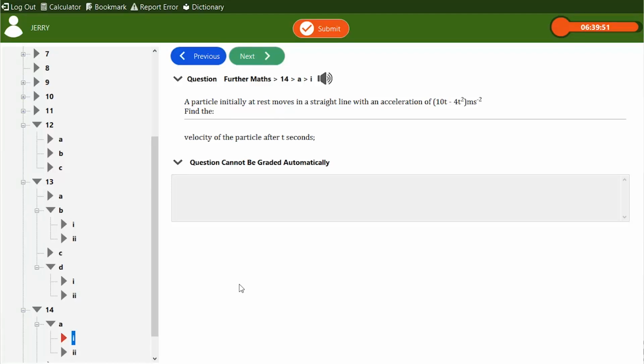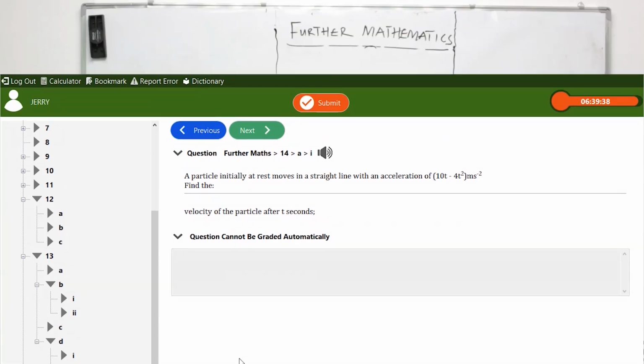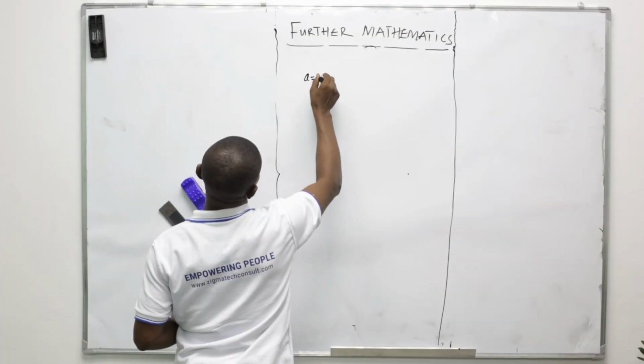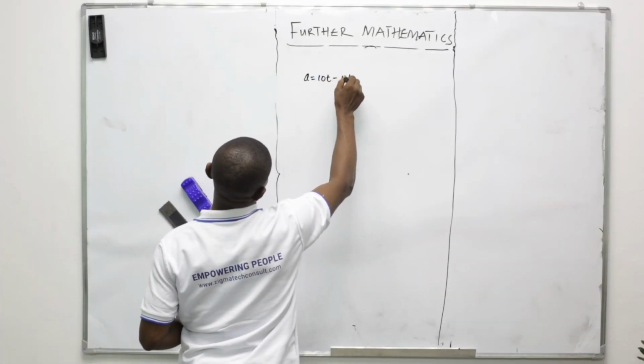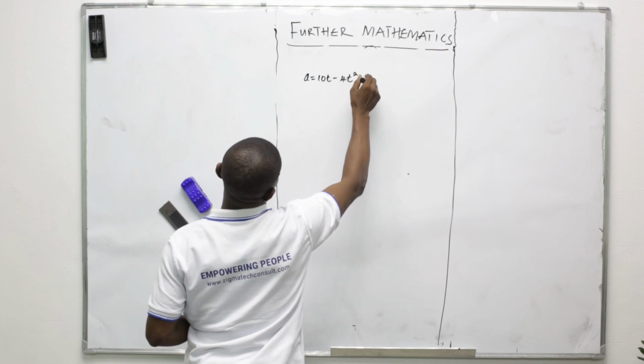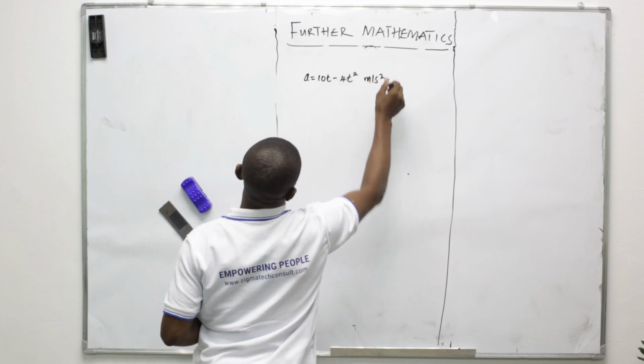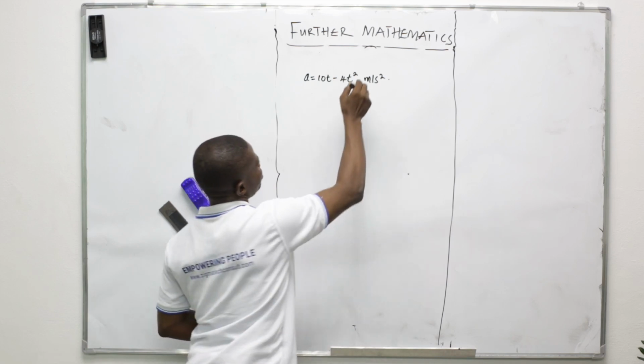But once you are very careful, you also understand that it's easy to handle. Acceleration has been given to us, that is A equals 10t minus 4t squared, meters per second squared as a unit.